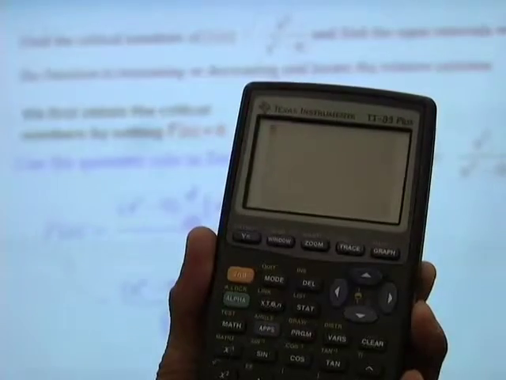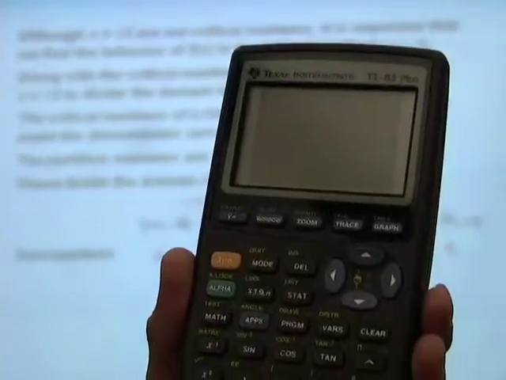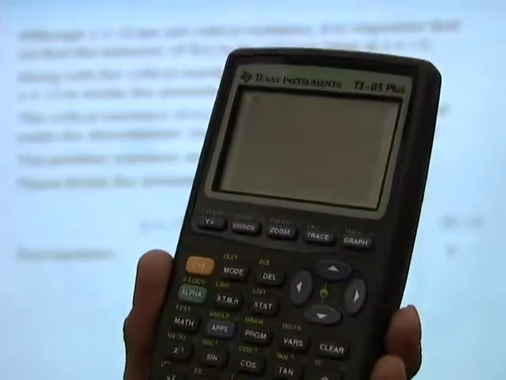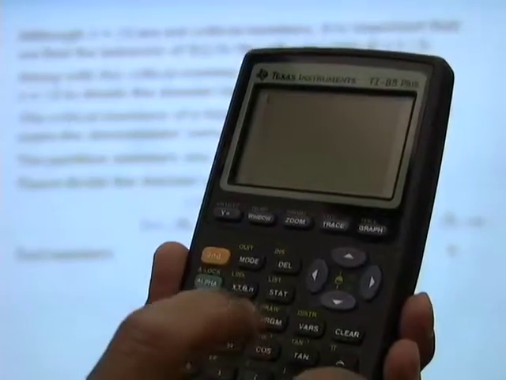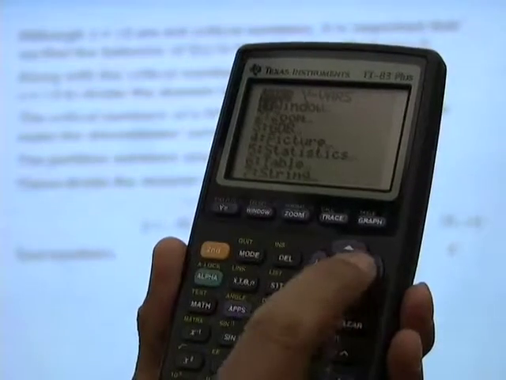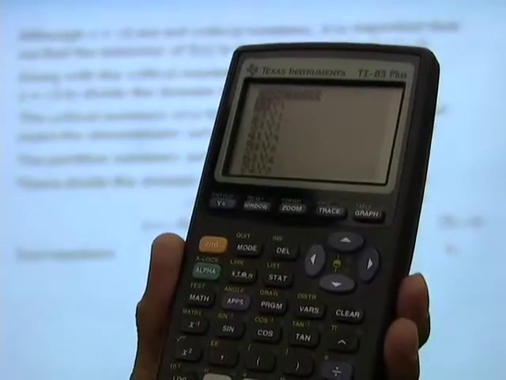What is the first test number? Our first test number is negative 4. So we want to find the sign of the derivative at x equal to negative 4. How do you do that? Go to vars, y-vars, function.